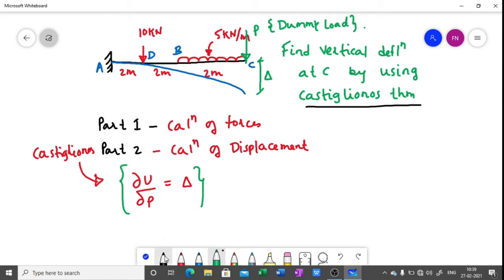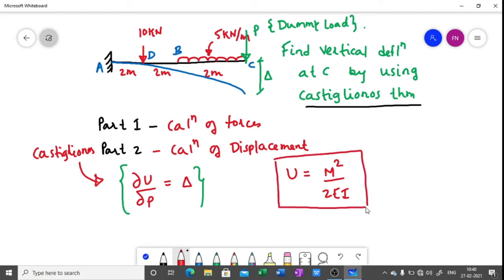Now we will see what strain energy is. We have strain energy for axial forces and strain energy for flexure. Since we are dealing with a beam, we have to take strain energy for flexure, and this is the formula of strain energy for flexure.